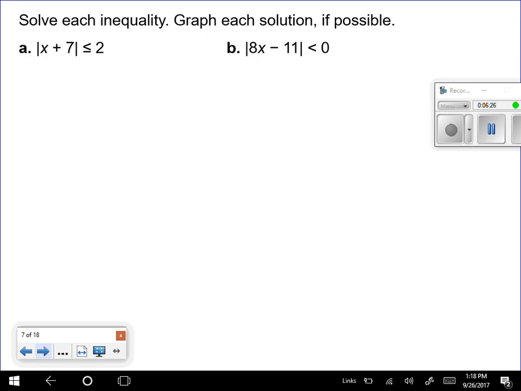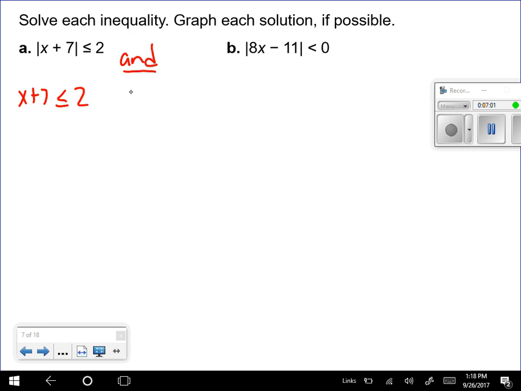All right, our first example, A here, we have the absolute value of x plus 7 is less than or equal to 2. So first thought in my head is it's less than. So what type of compound inequality is it going to be? Less than. It's going to be connecting because those numbers are going to be less than 2. So this is going to be an and inequality. So my graph should reflect that. So I'm going to write two inequalities here. I'm going to keep the same: x plus 7 is less than or equal to 2.